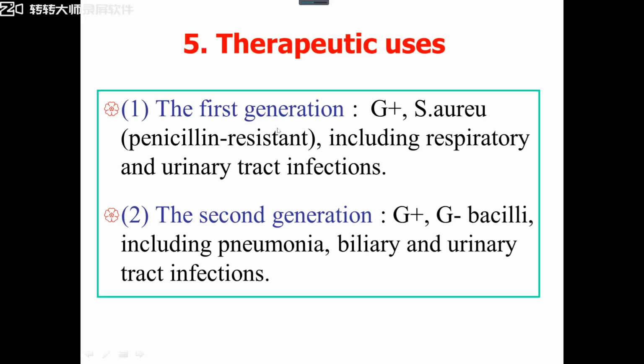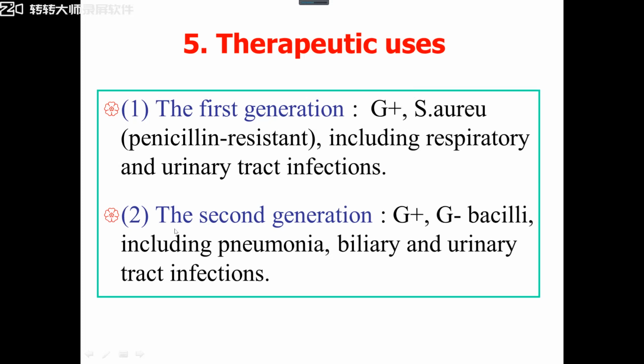The first generation cephalosporins are mainly used to treat gram-positive bacterial infection, including gram-positive respiratory infection, urinary tract infection, and gastrointestinal infection, and so on. So the clinical use of the first generation cephalosporins is gram-positive infection.